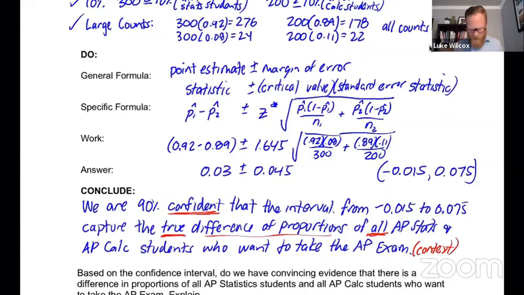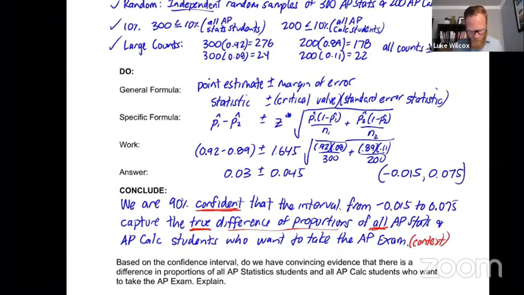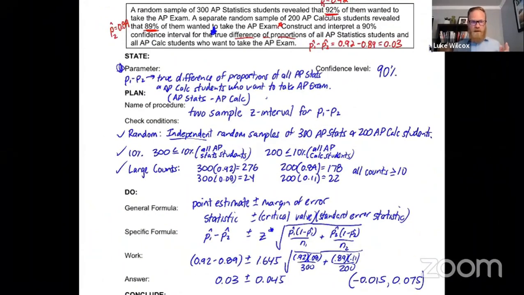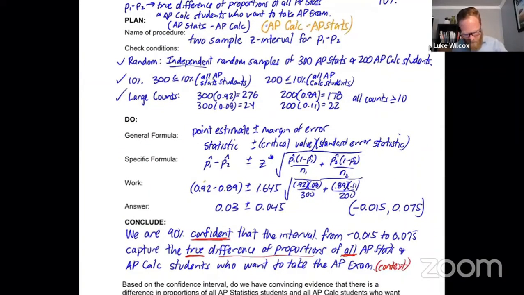Now, before we move on here, I just want to make a quick point. A question has come up about what happens if you switch the order of your subtraction. And so maybe instead of doing AP Stats minus AP Calc, you did AP Calc minus AP Stats. This is certainly okay, but it is going to change a couple of things here. When you look down at the work, this part right here is going to be switched around because you're switching the order, which means that this 0.03 is actually going to be a negative 0.03.